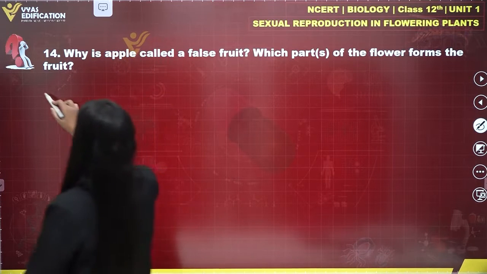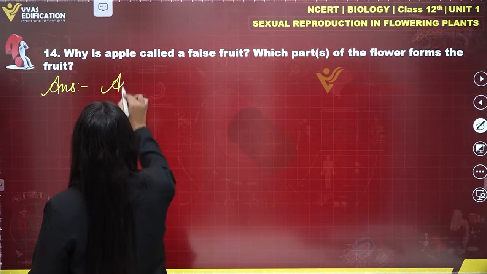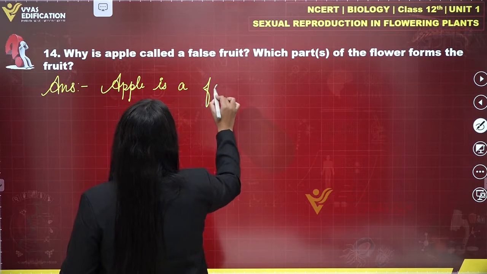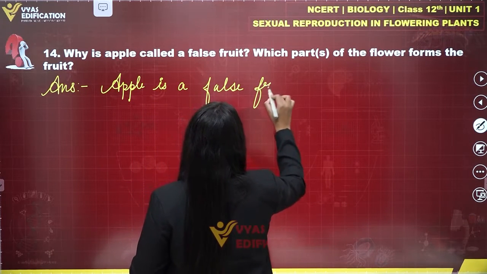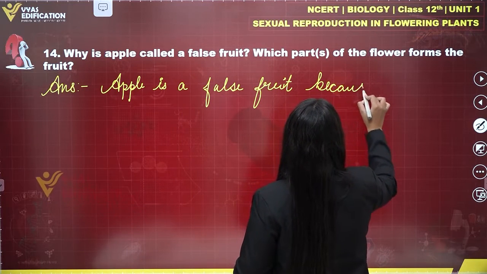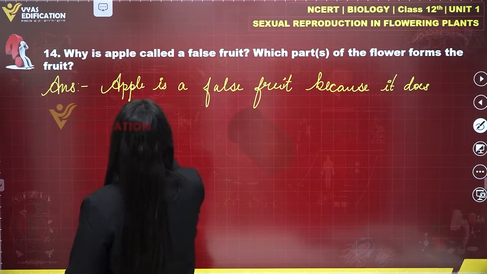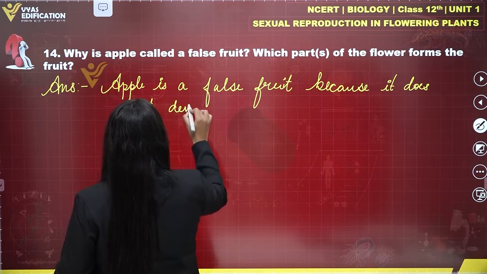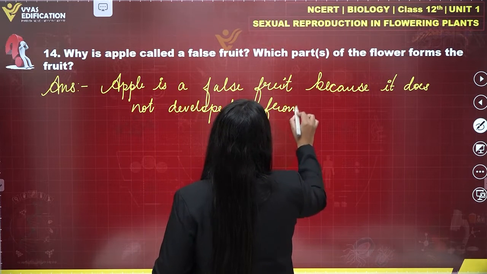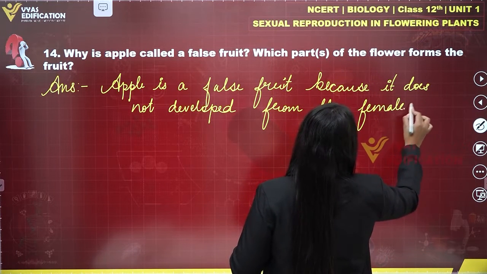Alright, so this is the answer, and if we are going to write it, it would be like this: apple is a false fruit because it does not develop from the female ovary.